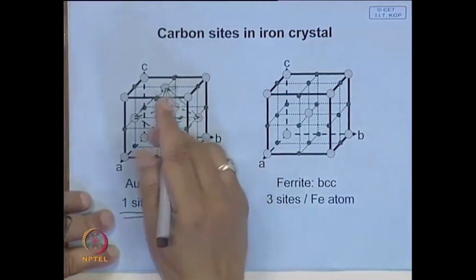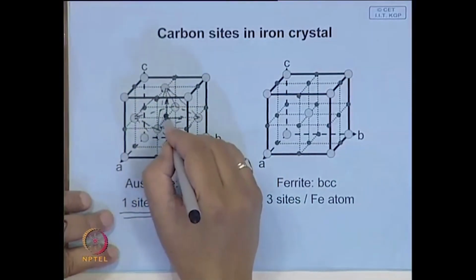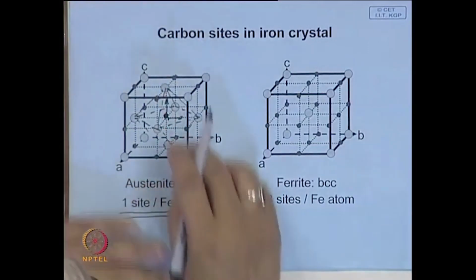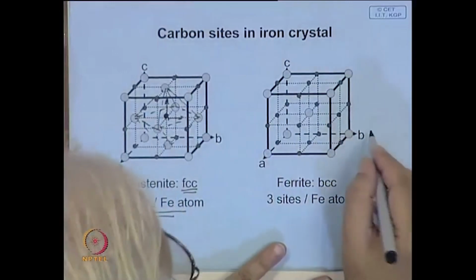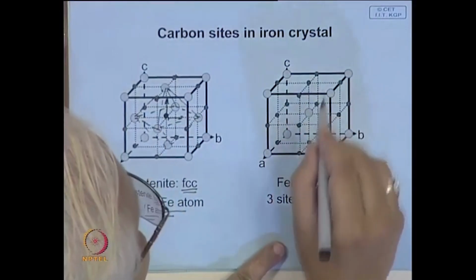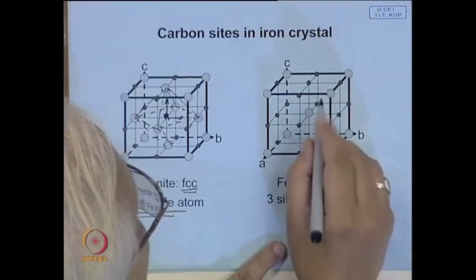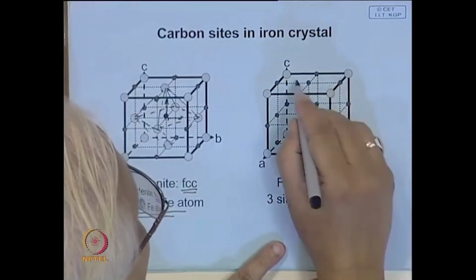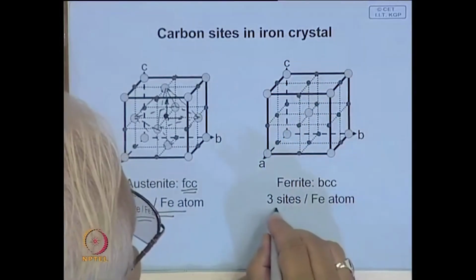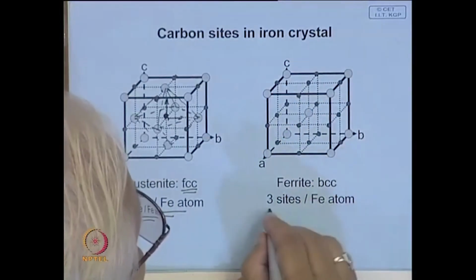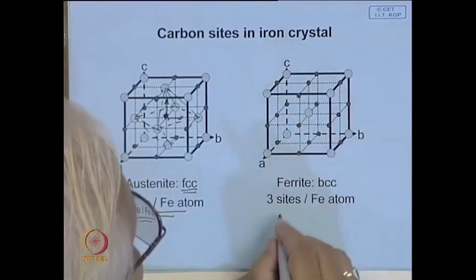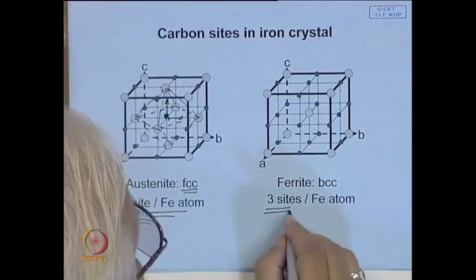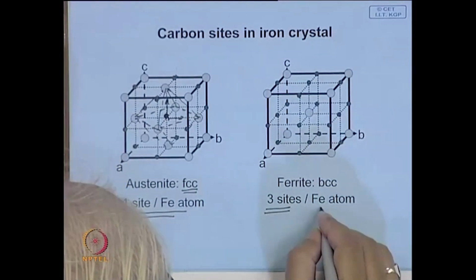So, if this carbon atom goes here, it will only have a hydrostatic stress field, whereas look at these atomic sites. Here also carbon goes into the octahedral sites, and all these surroundings are the same, and if you try and find the number of these interstitial sites in BCC structure, you will find there are 3 sites per iron atom.